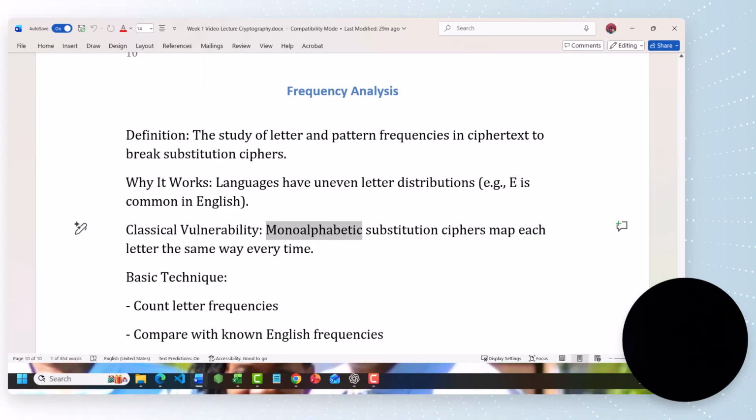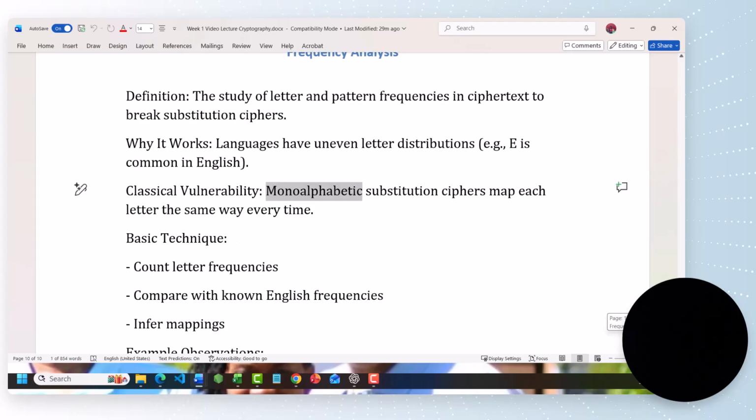Basic techniques: count letter frequencies. Say I have a letter A that I've always substituted a T for, and I look at my message and I have a bunch of T's. Then I have the possibility of looking at anywhere I have a T and seeing what happens if I replace it with an A. What happens if I replace it with an I, an O, or a U?